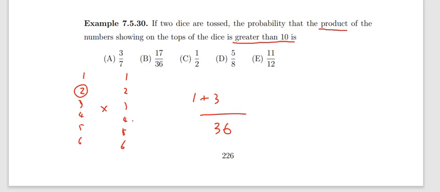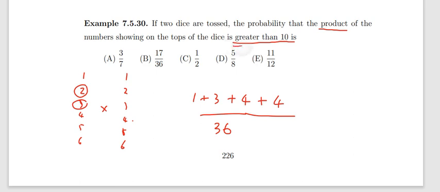If the first one is 4, it could be 3, 4, 5, 6, 4 ways. And 5 also could be 4 ways: 2, 3, 4, 5, 6, but cannot include 2.